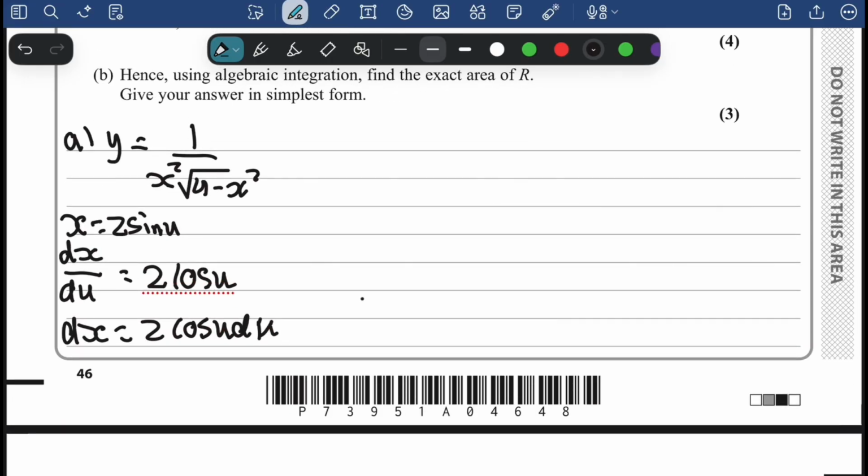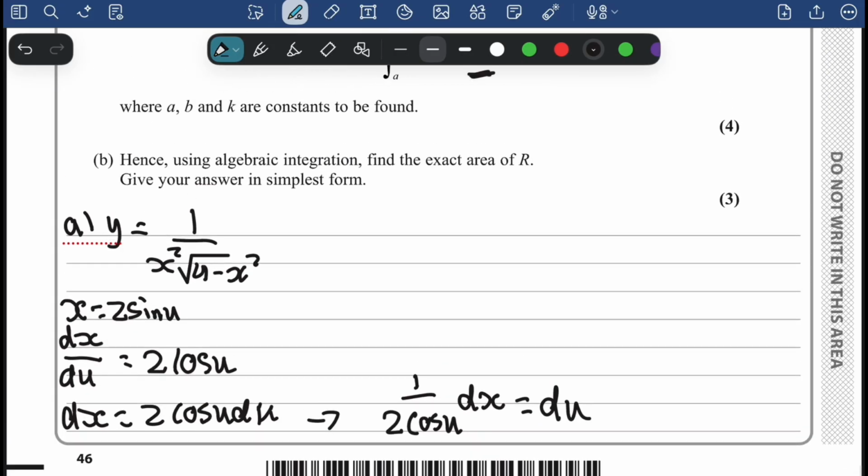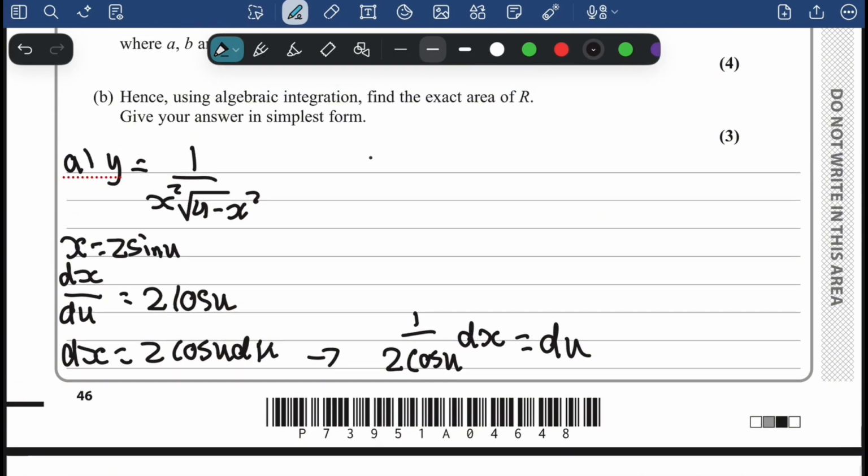So we're going to rearrange for du, so it will just be 1 over 2 cos u dx equals du, right? So that's our first part, right? Because right now our integral is looking like this, right?